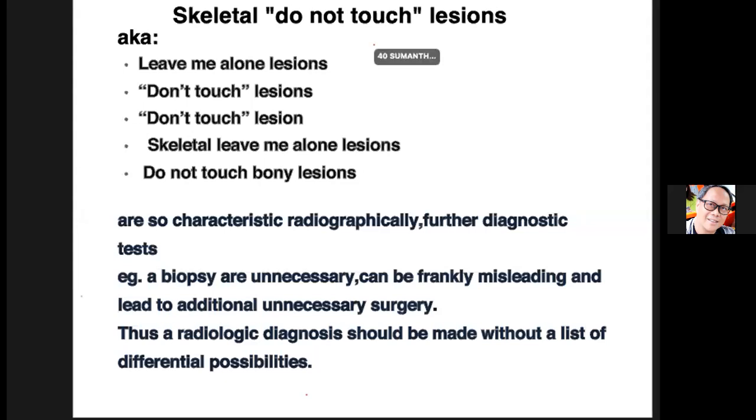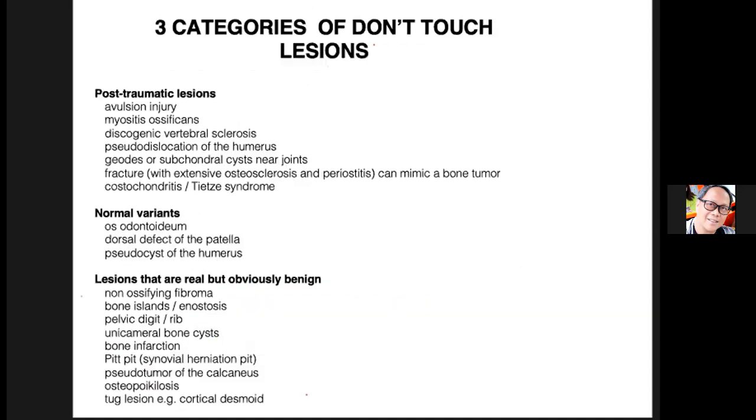Okay, so the categories, the three groups of these do not touch lesions. Now, some of these lesions are a result of trauma. Post-traumatic lesions, usually bone tries to repair, and you can mistake the growing cells as a malignancy. Some of these are also normal variants.